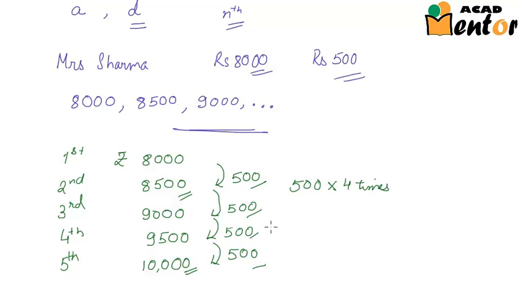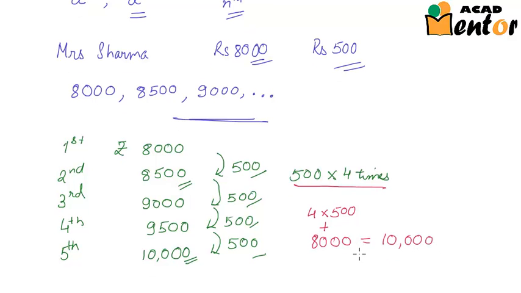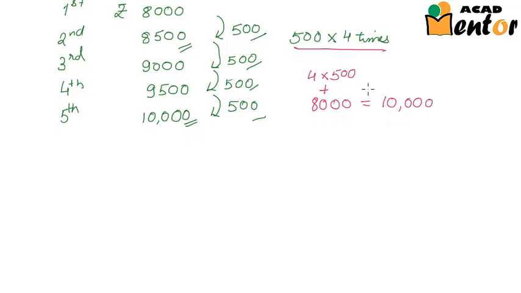So we could have directly found out what she would have donated in the fifth year just by adding the increment value, that is 4 times 500, to the base amount, that was 8,000, and we would have got 10,000.